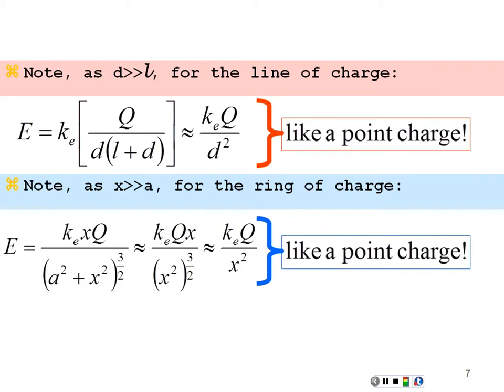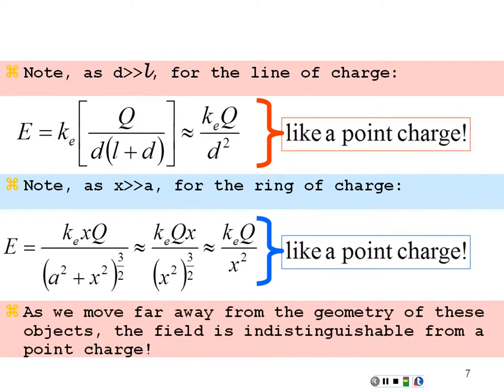So if you get far away from the ring of charge, you'll find that it starts looking like a point charge. How about that? So as we move far away from the geometry of either of these objects, a line of charge or a ring of charge, the field is indistinguishable from just a point charge of the same value.